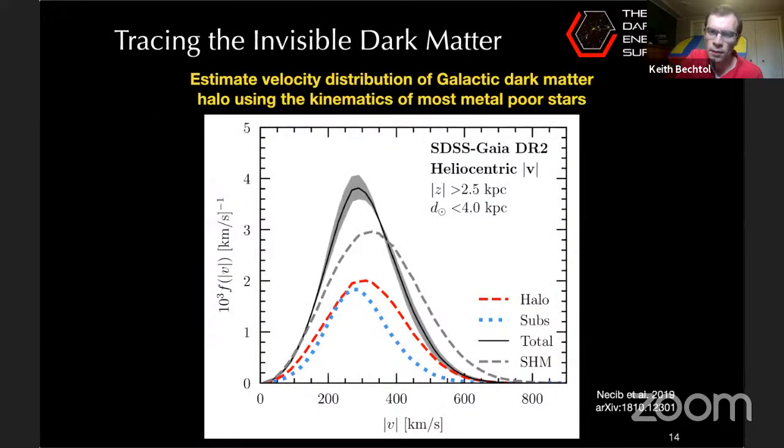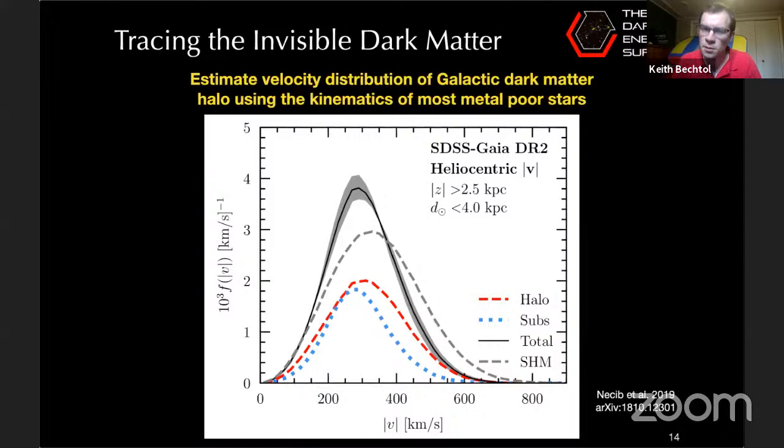In addition to thinking about the subhalos, it's also really interesting to look at the stars in the halo of the Milky Way, because they could actually be telling us something about the velocity distribution of dark matter in our galactic halo. Effectively, you can think about all these stars in the Milky Way as tracing out the potential of the Milky Way.